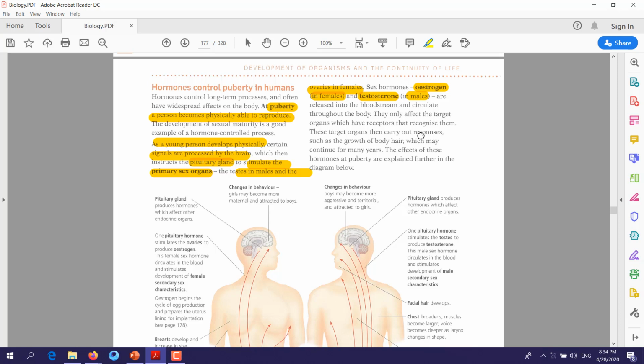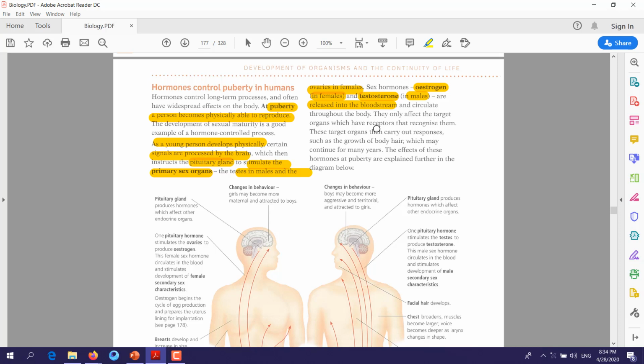Now these hormones will be released into the bloodstream. What does that mean? It means these hormones will circulate around the whole body.